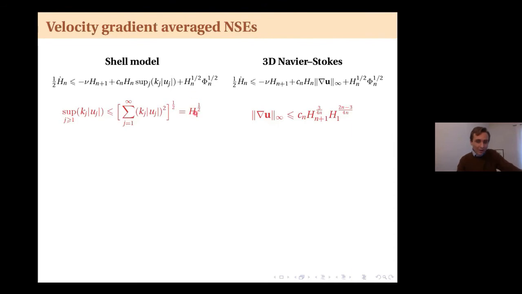So the 1/2 exponent here needs to be shared by some h1 and some hn plus 1 of a higher order. And this is the reason why we obtain these two different dependencies on the Reynolds number in the two systems.